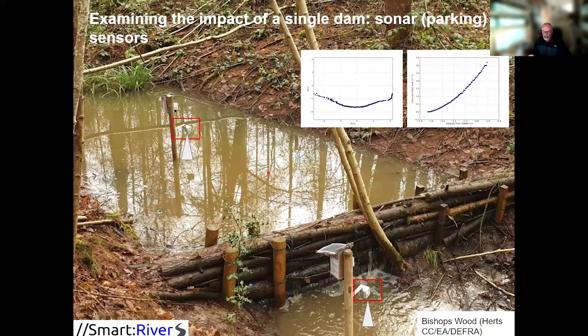Sometimes we're not interested in that, but we're interested in the performance of the intervention, just one of them, and understanding its behavior. So here's an example there where we have just one leaky debris dam here, and we have a parking sensor based sonar downstream, upstream, monitoring the height of the water.